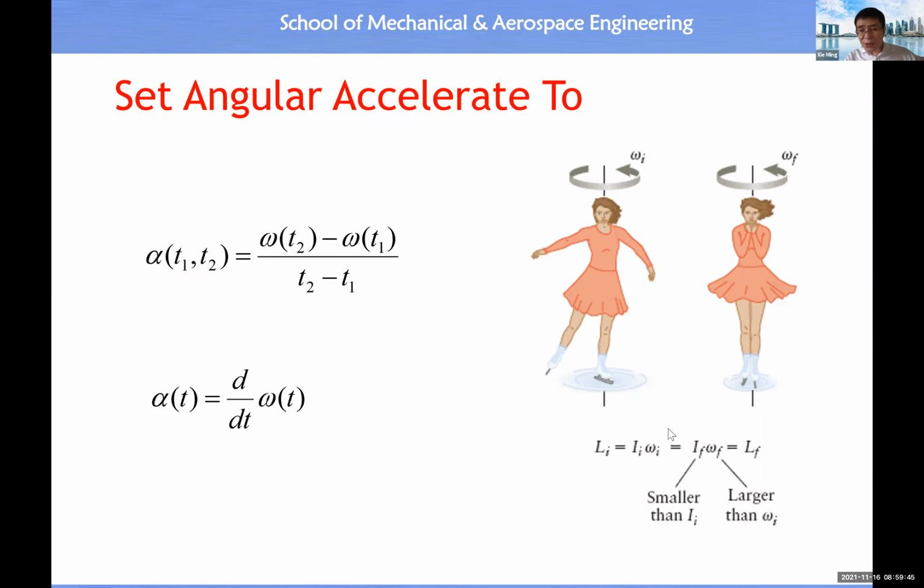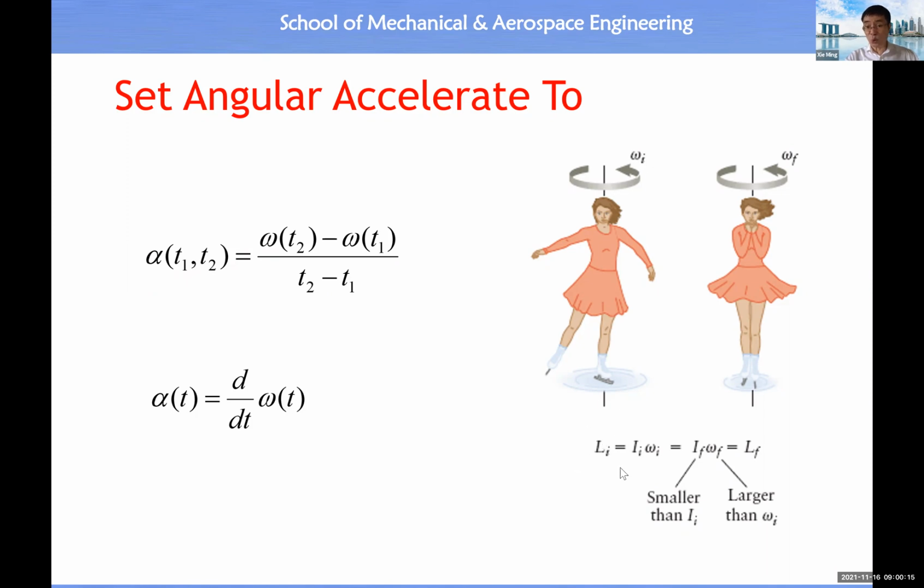And here we just show you the application. This is an equation similar to the linear momentum. It's like mass times v is equal to linear momentum. Then this is the moment of inertia of a mass when you rotate about the axis, times angular velocity.